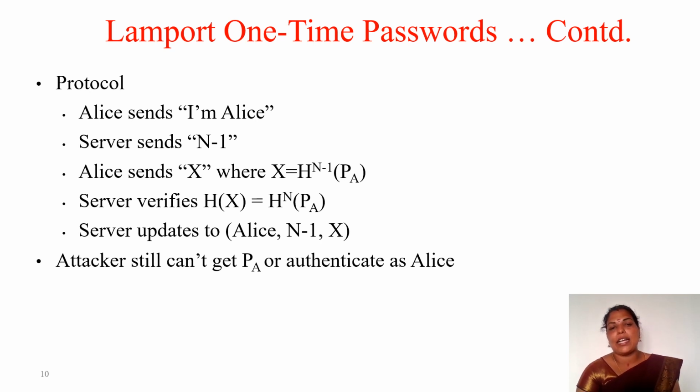Then it is verified that the attacker still can't get PA or authenticate as Alice, because what Alice sends has to match the stored password's hash value; only then can the system authenticate whoever is sending. Otherwise the system will see that it is an attacker or opponent. So it is always matching the hash value stored in the system with the login password used at that time.